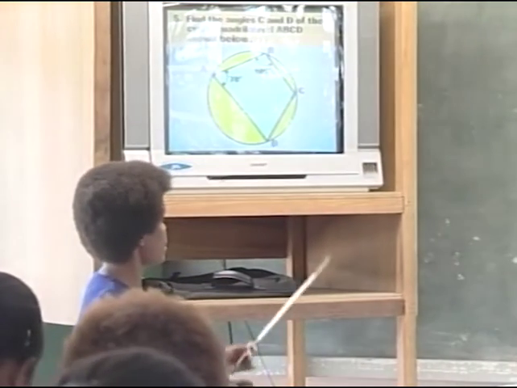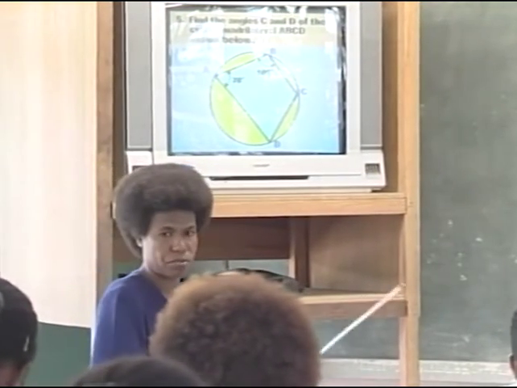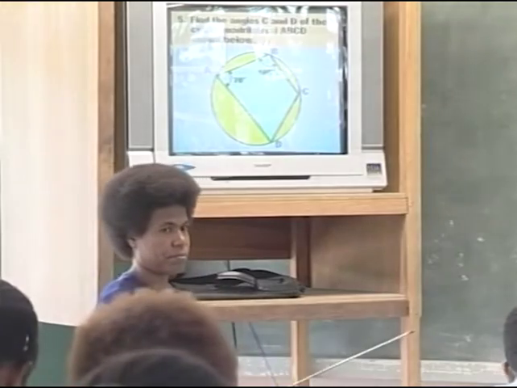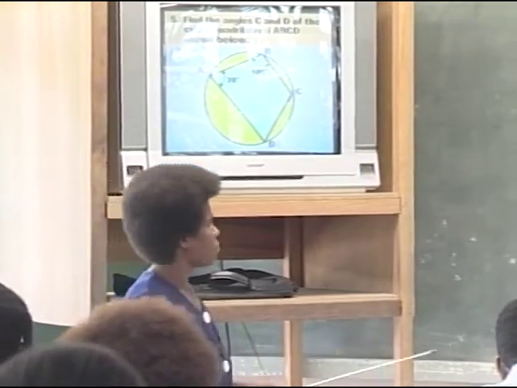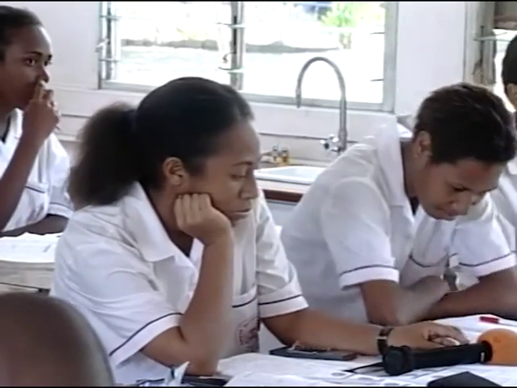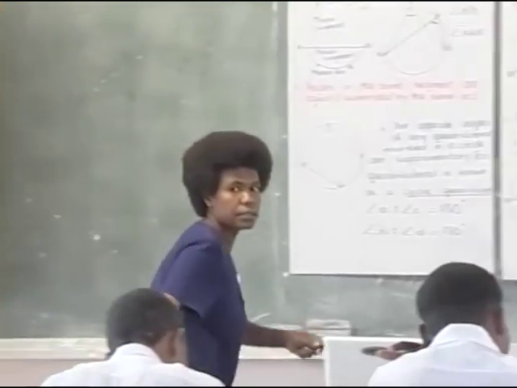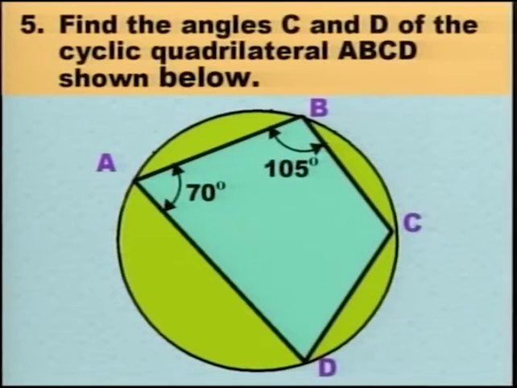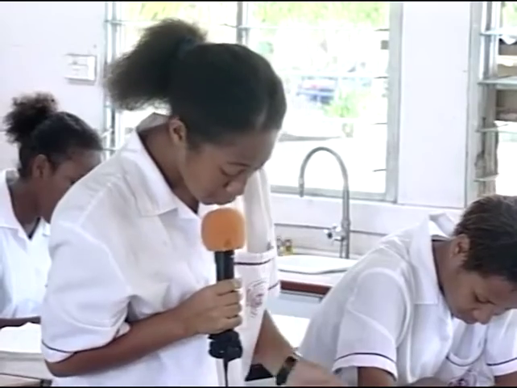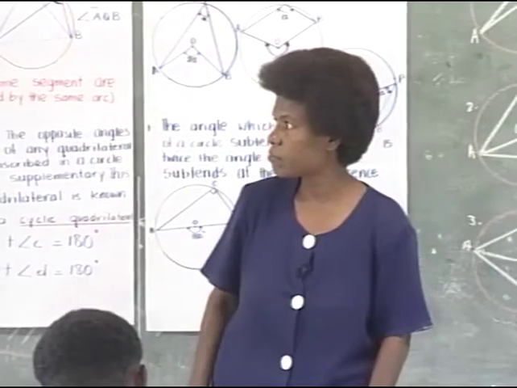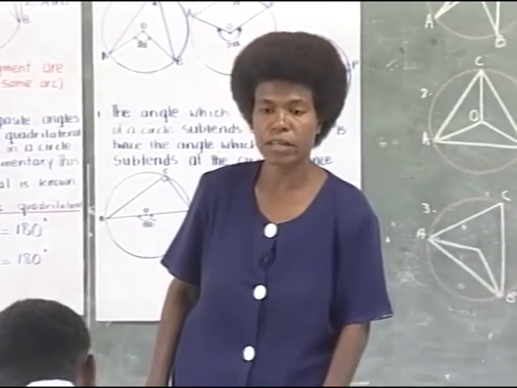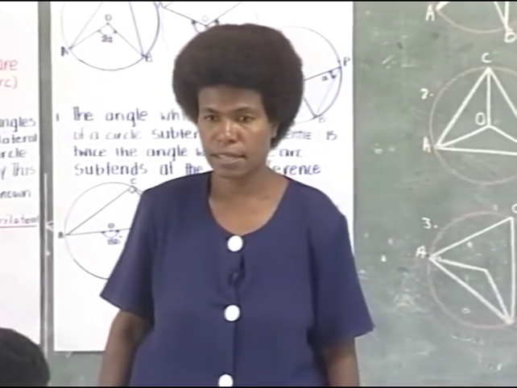It is a cyclic quadrilateral. Okay? If angle B is 105, what will angle D be? Angle D is equal to 75 degrees. That's good. Yes, 75 degrees. You subtract 105 from 180.